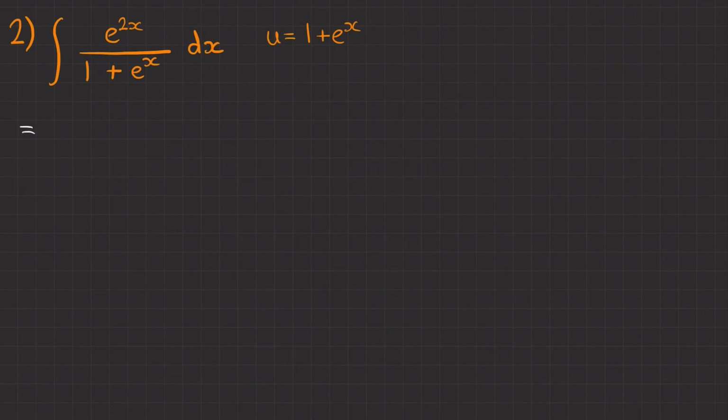So we have the integral of e to the 2x all over u, as the entire bottom has been substituted for u, with respect to x. We need to differentiate u now, so we'll have du over dx equals e to the x. Rearrange this, so we'll have du over e to the x equals dx.